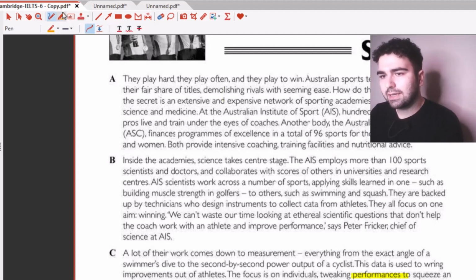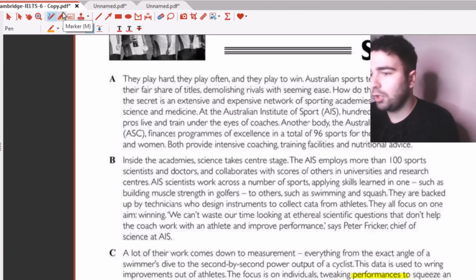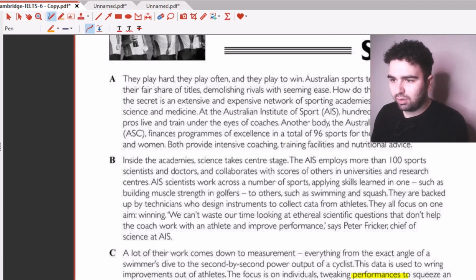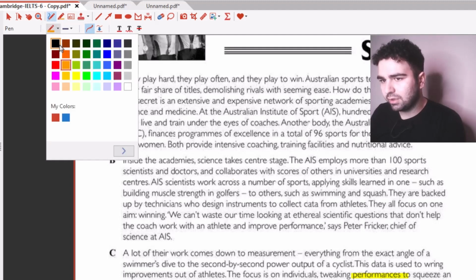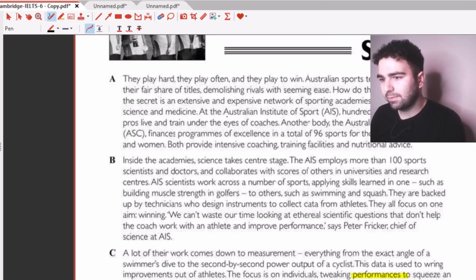I have a pen in my session. I don't have access to any highlighter or anything like this, so I have a pen. So when I say highlight, I'm talking about underlining. I have to underline this. I have a black pencil, sorry. I have to underline this.